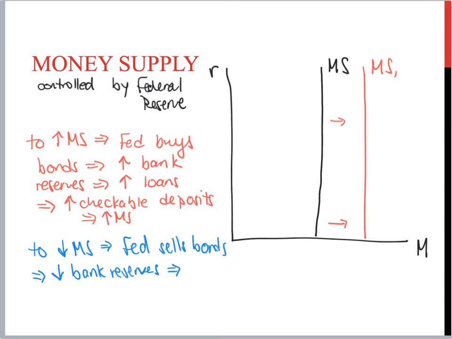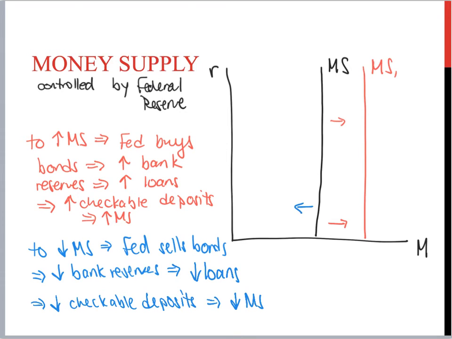Those loans will be paid back with checkable deposits. So we're going to have a decrease in loans and a decrease in checkable deposits, which is a decrease in the money supply. And we can represent a decrease in the money supply as a shift to the left of that money supply curve.